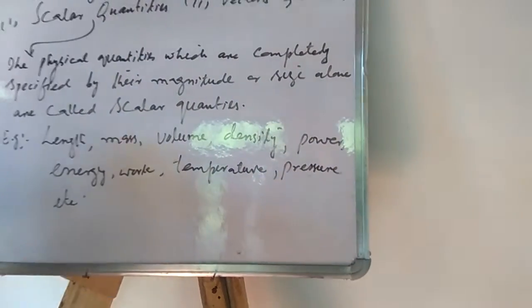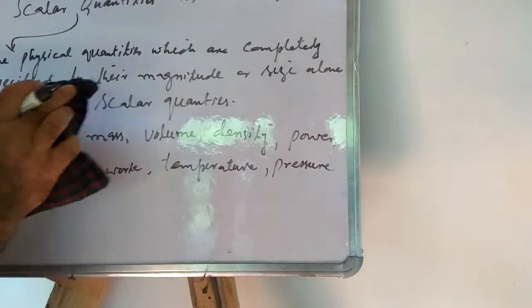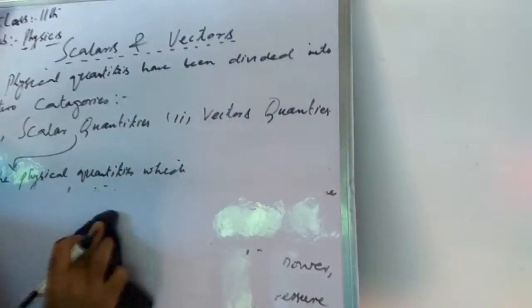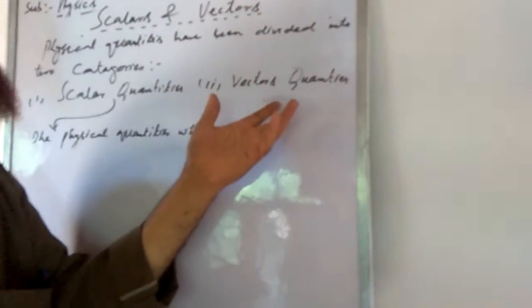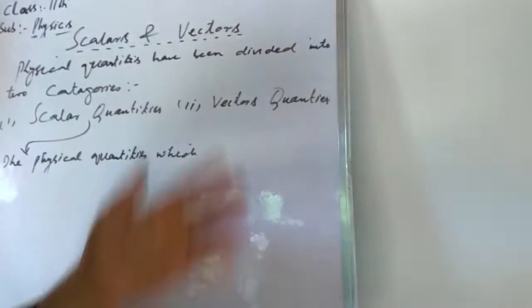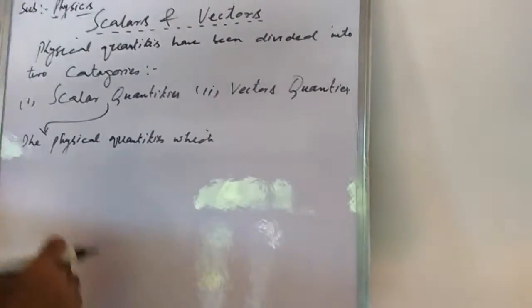Now the second one, vector quantities. Vector quantities we will define as the physical quantities which have both magnitude as well as direction. That means these physical quantities are represented by their magnitude as well as direction, so they are known as vector quantities.